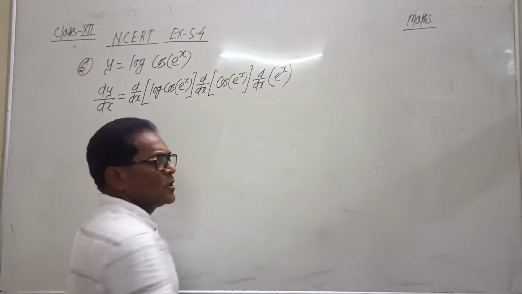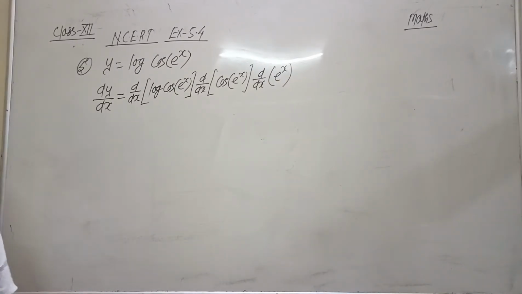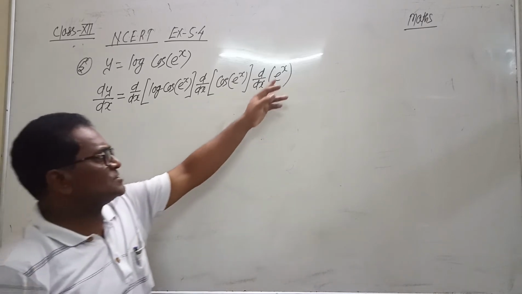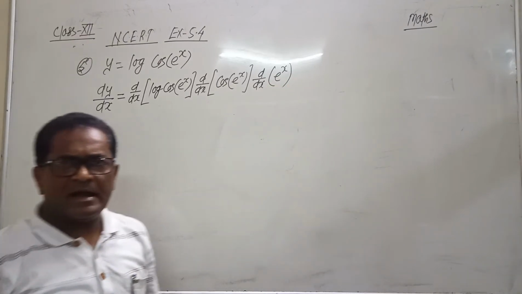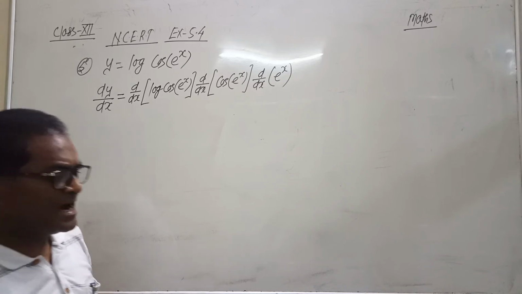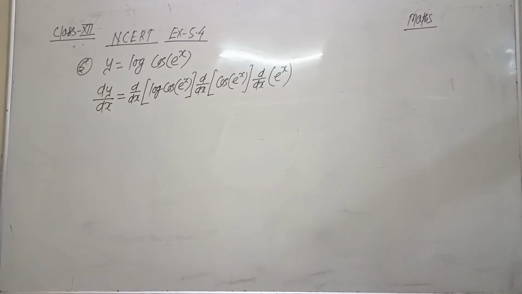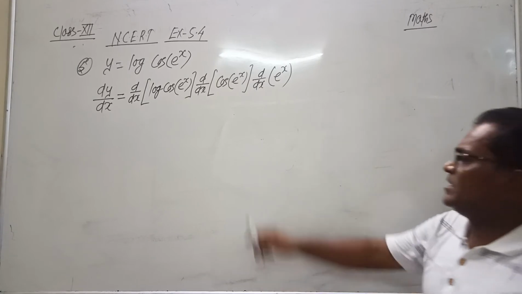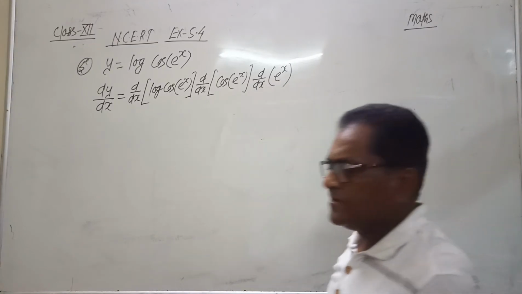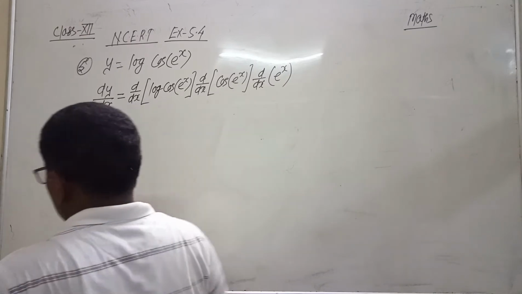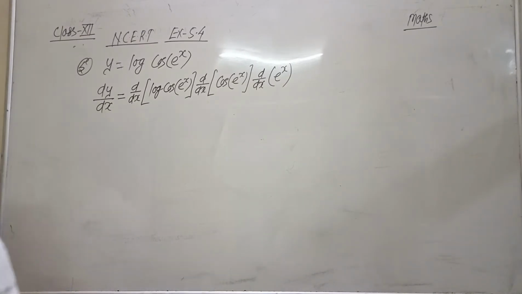Since here is positive power e raised to the power x, and we know the differentiation of x is 1, and when we multiply by 1 in any term, it doesn't affect the result. So we will not drop e. If there would be minus x, then we must drop e.